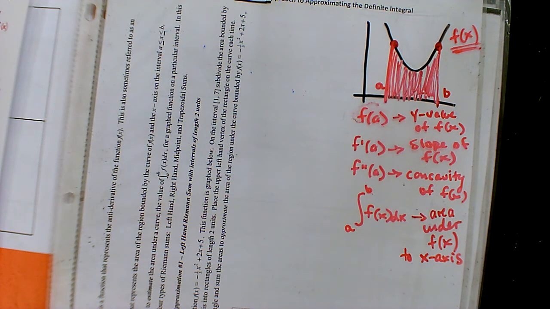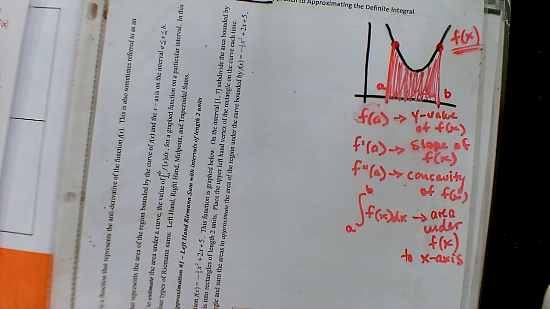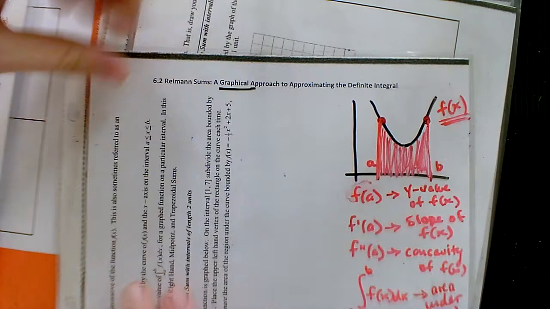This is not a perfect semicircle. We can't calculate the area exactly using some shapes, at least for this graph. So that's why we're going to talk about some estimates, typically called Riemann sums, named after a German mathematician, Riemann.